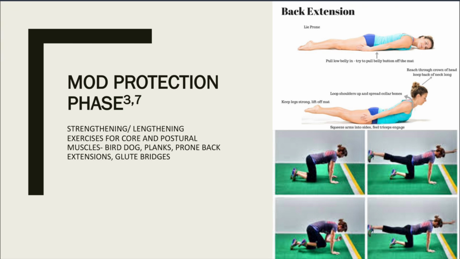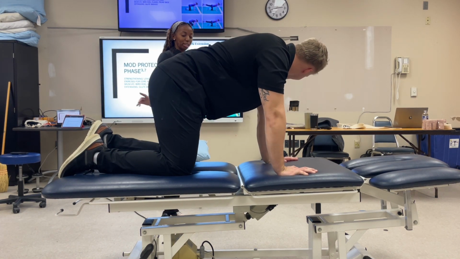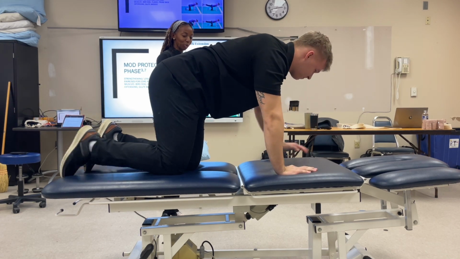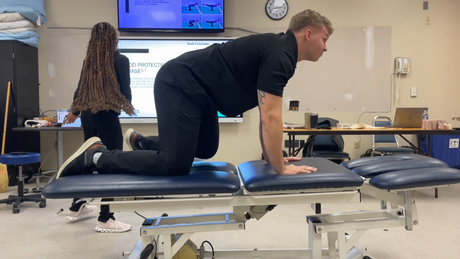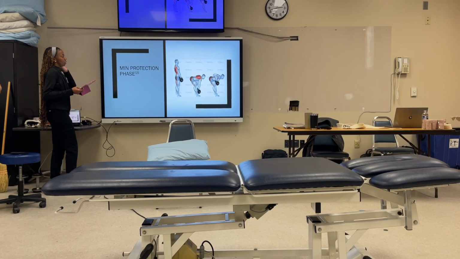So two interventions we have are back extension and the bird dogs. So all fours, and then you straighten your left leg, or you can do same arm, same leg. But that's that exercise.